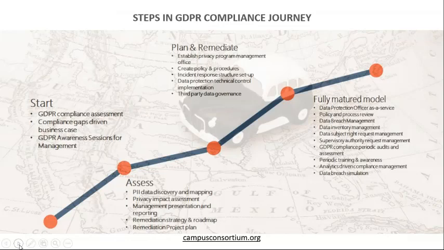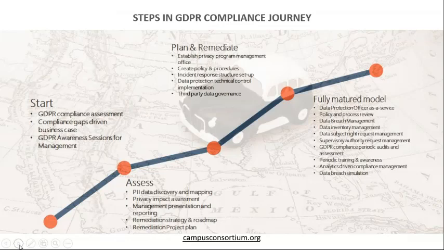We also manage data breaches, if there are any, and revisit the data inventory, especially the PII data inventory. And if there are any data subject requests, they have to be handled the way they should be handled.